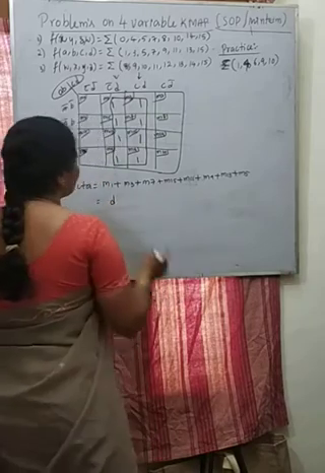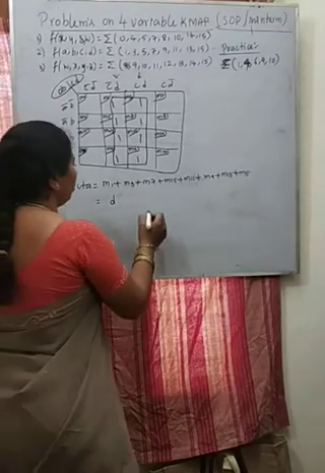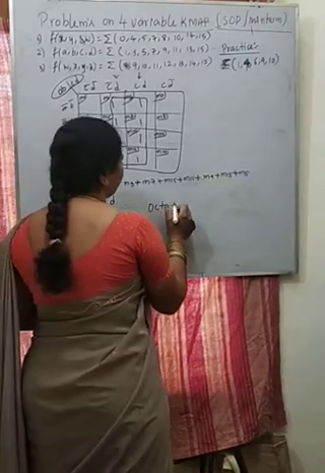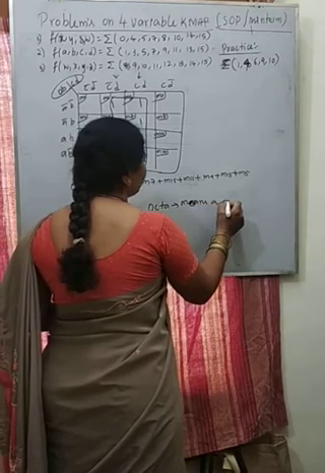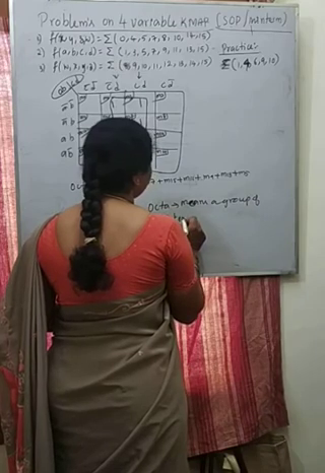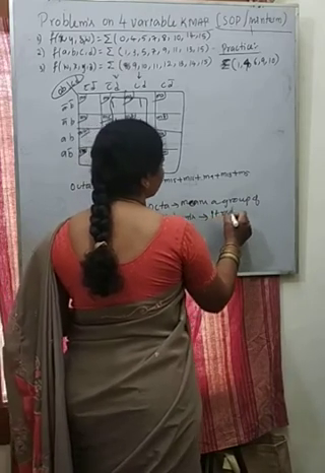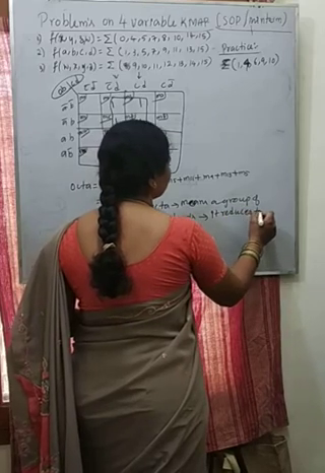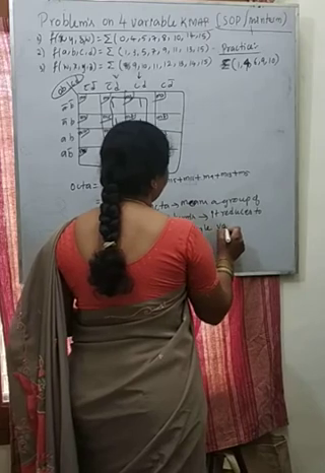Your entire expression gets reduced to a single variable. Octa means a group of 8 terms. It reduces to a single variable.